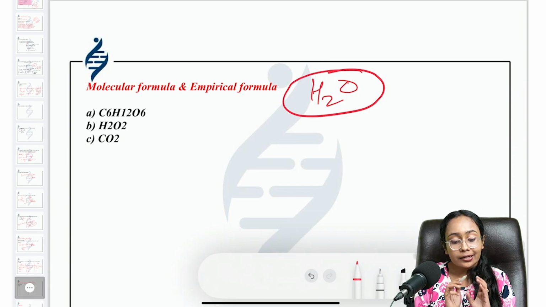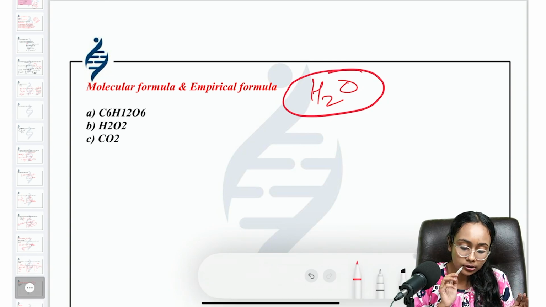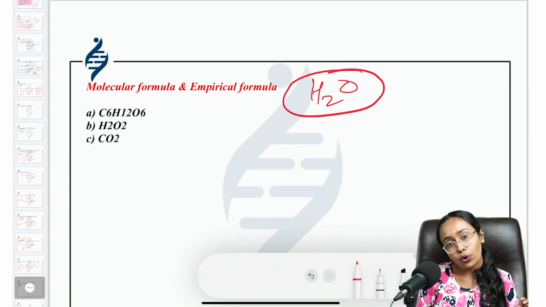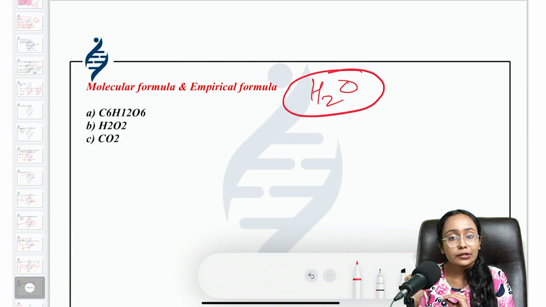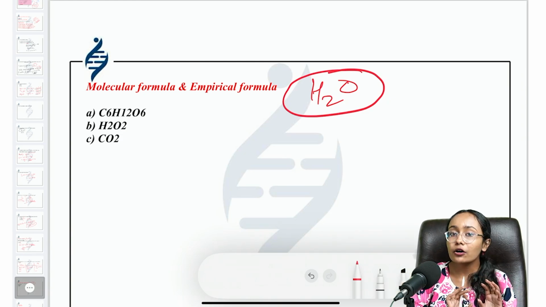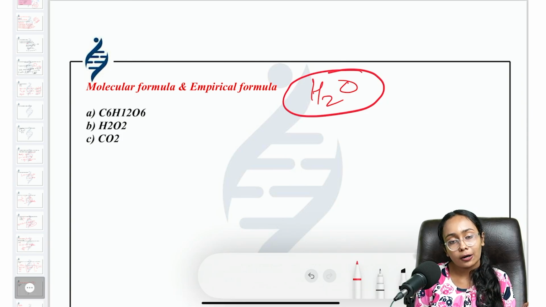Also, I can understand that there are 2 hydrogen atoms and 1 oxygen atom in water. So molecular formula is a formula that will give you the exact number of atoms present in a compound. Also, you'll get to know what atoms are present in a compound from molecular formula.